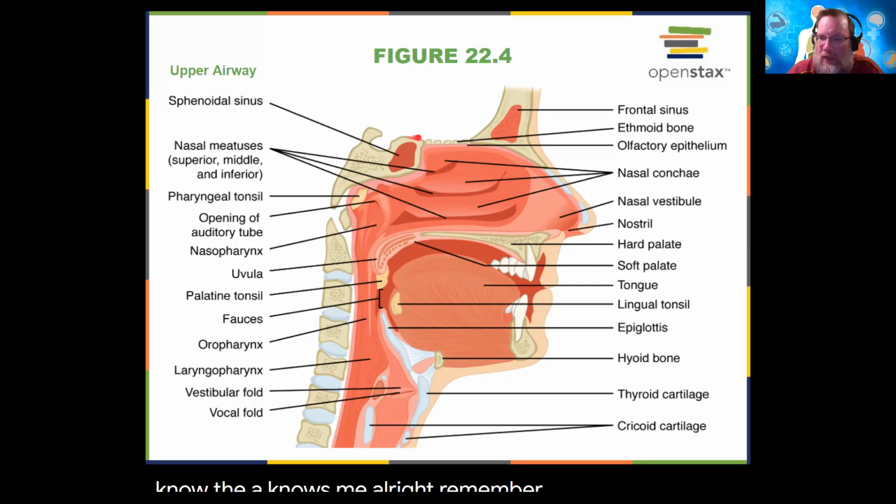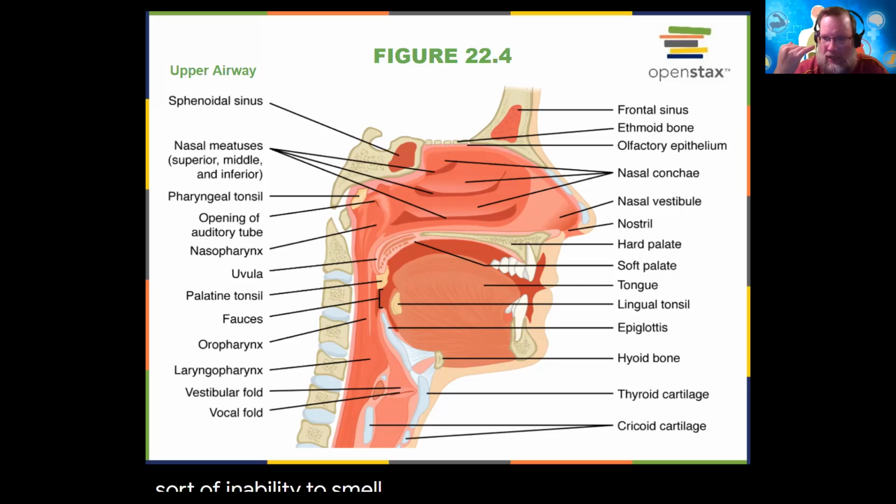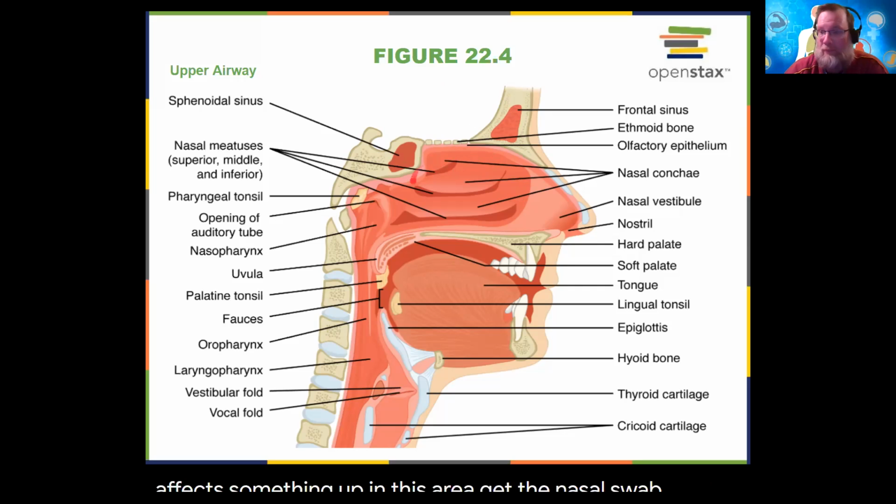Remember I was mentioning, I think they found that higher than 80% of folks who have had COVID, even if they were asymptomatic, roughly 80 plus percent have said they experienced some sort of inability to smell and or taste. So interesting. It affects something up in this area. Get the nasal swab.